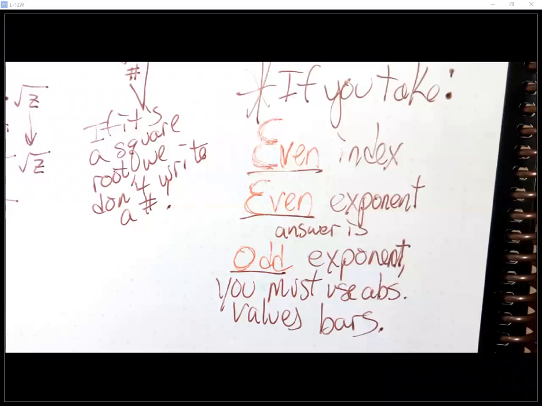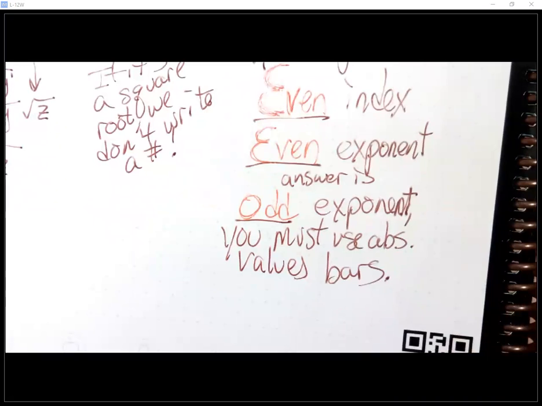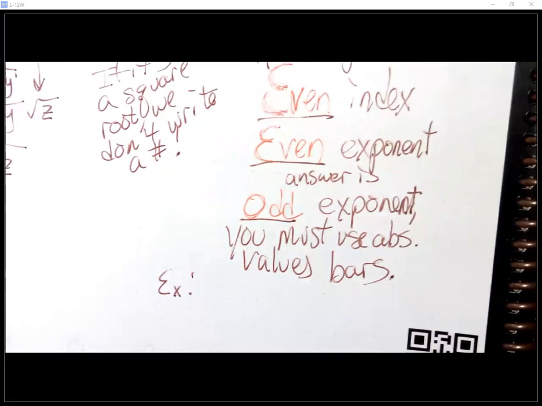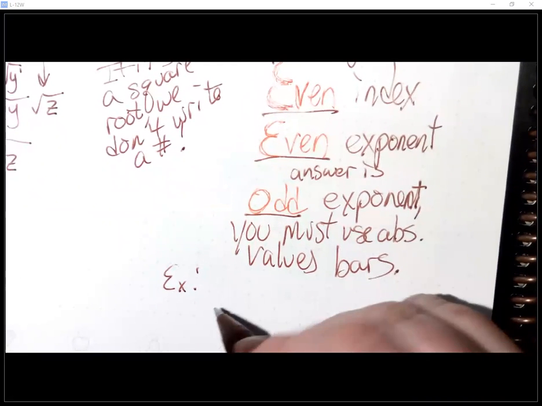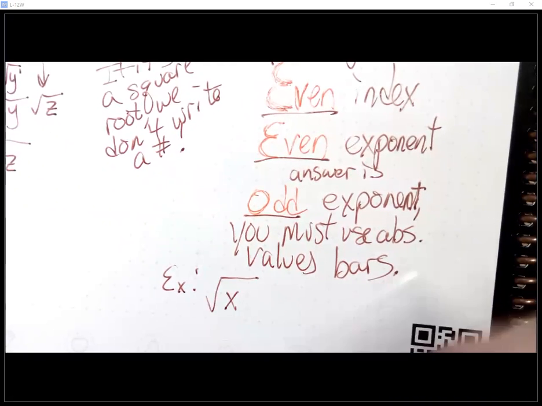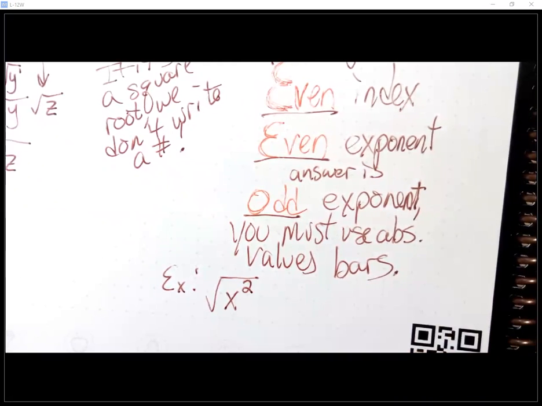All right, so let me give you an example. Let's say I want to take the square root of x squared, to make our lives easy. So remember that the index right here is a little tiny 2 that we never write if it's a square root.